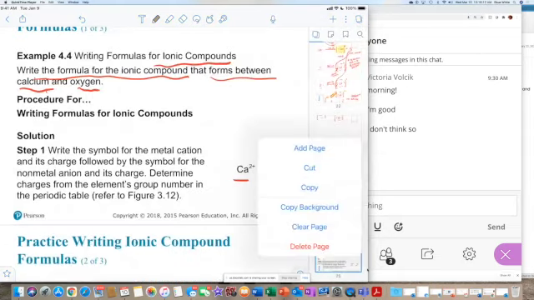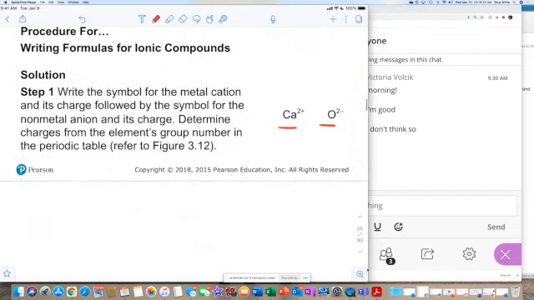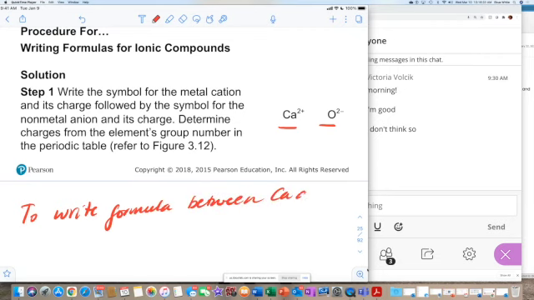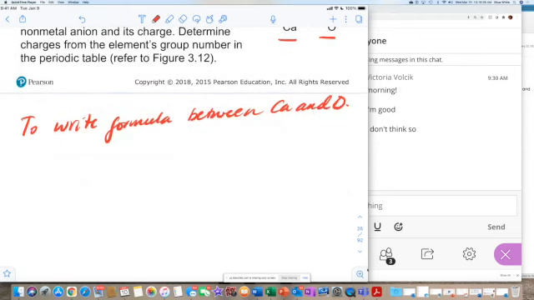So for this part here, since we're not using Lewis symbols, all we're doing is writing the formula between calcium and oxygen. They didn't say we have to go through Lewis dots. The other way to do this, look at your metal and your nonmetal, right?